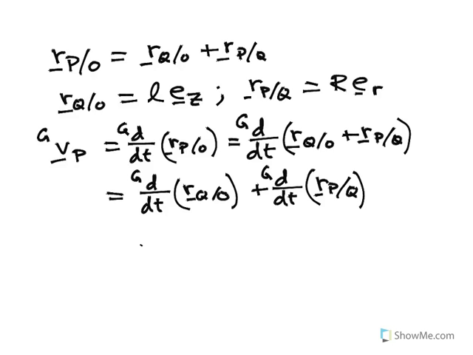So we can say that this is equal to the velocity of Q in G plus the velocity of P relative to Q in G.